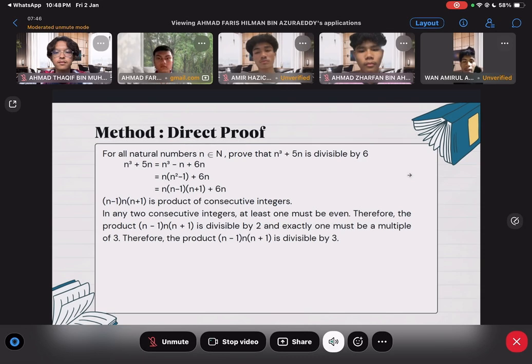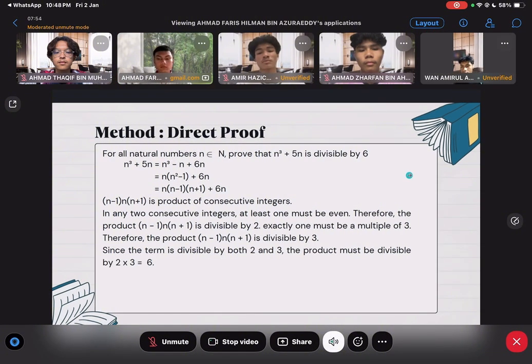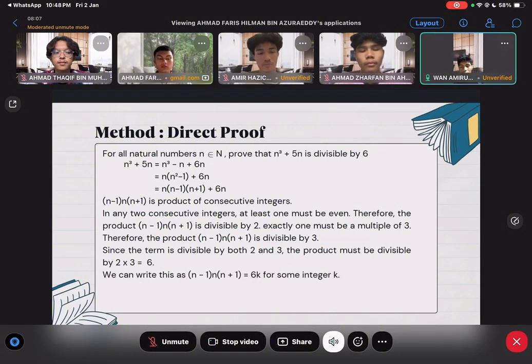We can write this as (n minus 1) times n times (n plus 1) equal to 6k for some integer k. Substitute the expression: n to the power of 3 plus 5n equals 6k plus 6n, which equals 6 times (k plus n).